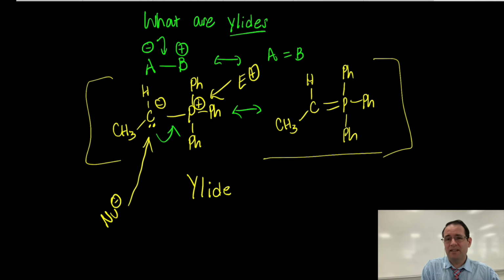So I like to tell my students an ylide is a lot like Dr. Jekyll and Mr. Hyde, or if you haven't read the book, like Two-Face from Batman, he has good days and bad days based on how he flips that coin. An ylide has 2 characters, okay? It's going to be nucleophilic at the carbon, and it's going to be electrophilic at the phosphorus atom. So let me show you how this works, okay? Let's do this chemical reaction here.